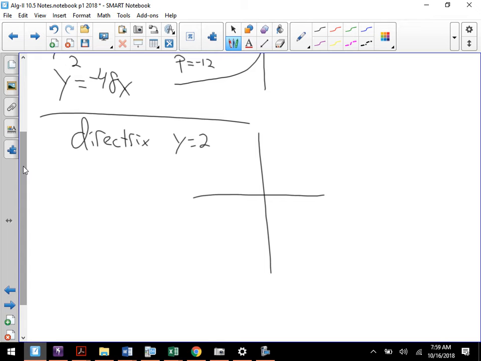It's a horizontal line through 2, which means what way does this have to open? Down. It's got to open downward. So is this going to be an x squared or a y squared parabola? It's an x squared. Is it going to be positive or negative? It's going to be negative because it's opening down. Okay. So you have x squared equals 4py. Well, our p-value here is what?